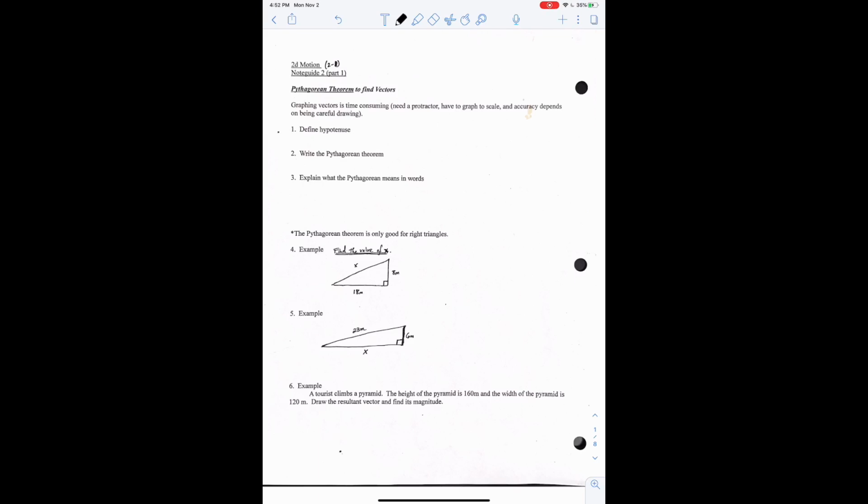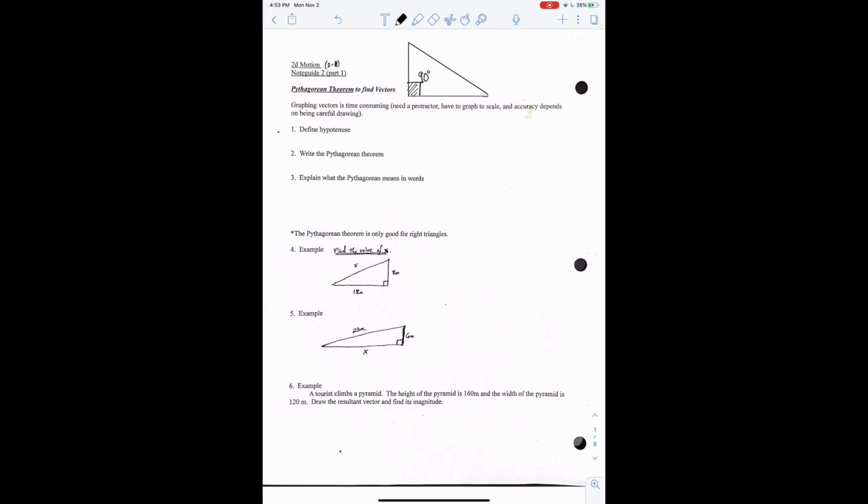So when we deal with the Pythagorean theorem, we're dealing with right triangles. So I'm going to go ahead and draw one right here. Something like that, right? And this angle right here, which we represent with this square or box, is a 90-degree angle, and that's how we denote that.